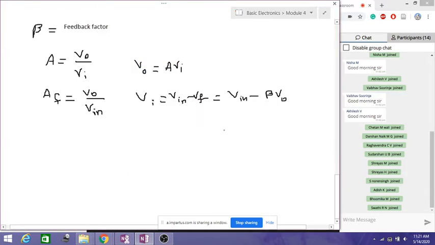So then, if I substitute for V naught, so if you substitute this equation here, then V naught is equal to A times this entire thing, that is V in minus beta into V naught.